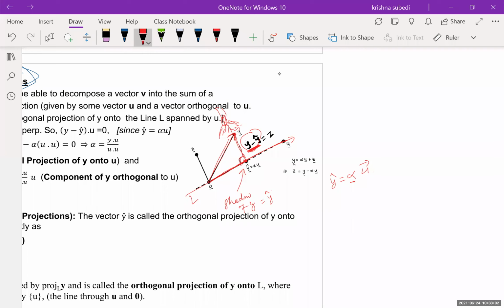Here is my y, and this one is my u vector. I look at this from the torchlight and I notice that the shadow of this line will be here, which we denote by y hat.